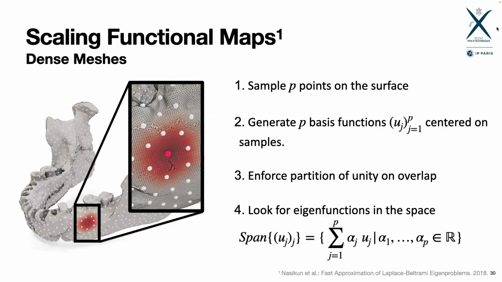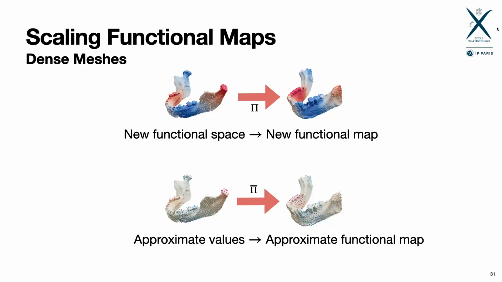These coefficients alpha here, you can identify them to the value eventually at the point. I guess it's something very known in interpolation or kernel density estimation. There are also things about that. And this way you approximate the values, and this will lead to approximating the functional map. I'm not going to go into details because this is very, very painful.